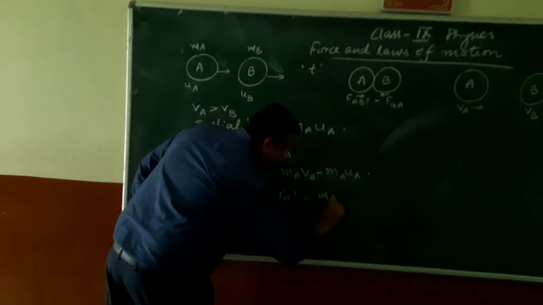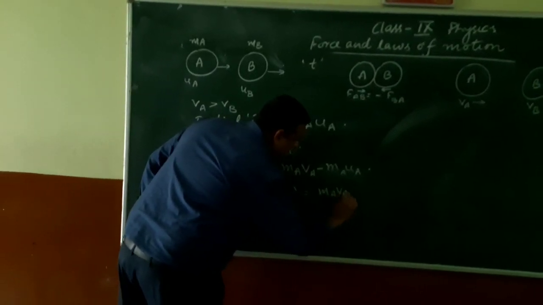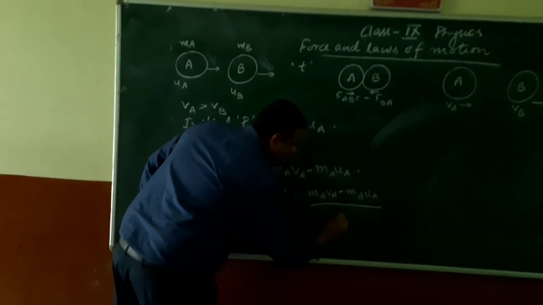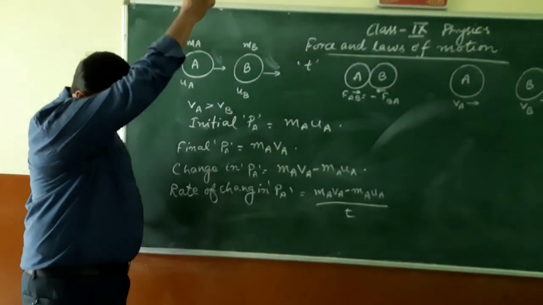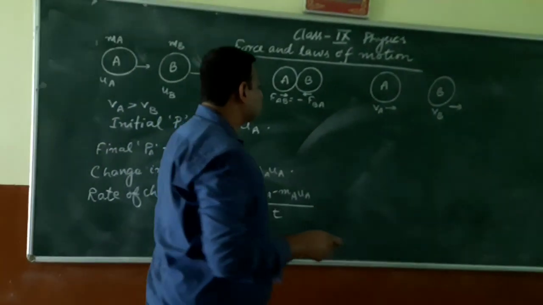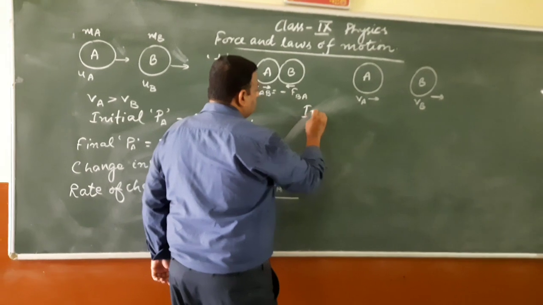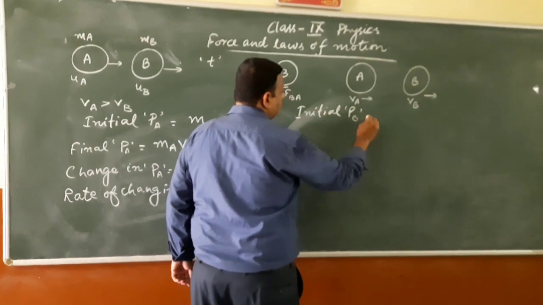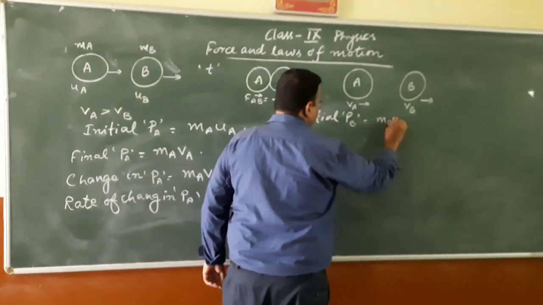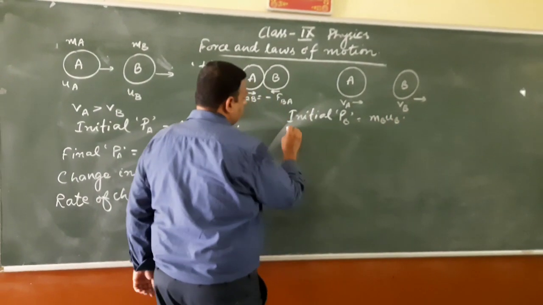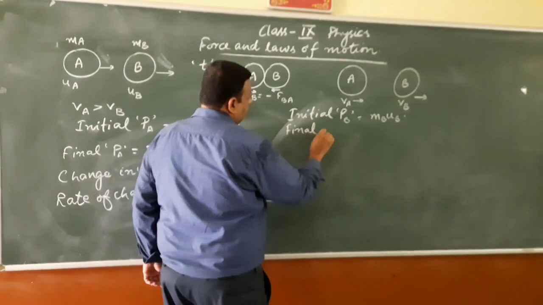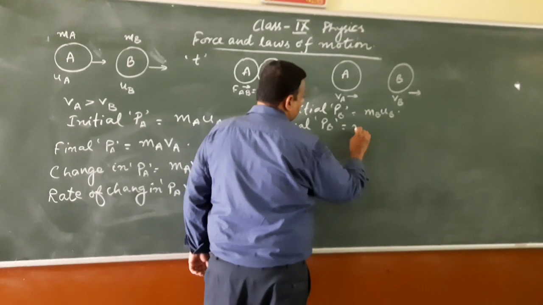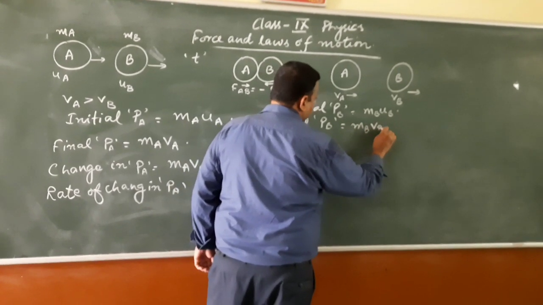So MA VA minus MA UA upon T. Similarly, initial momentum of ball B is equal to MB UB. Final momentum of ball B is equal to MB VB.